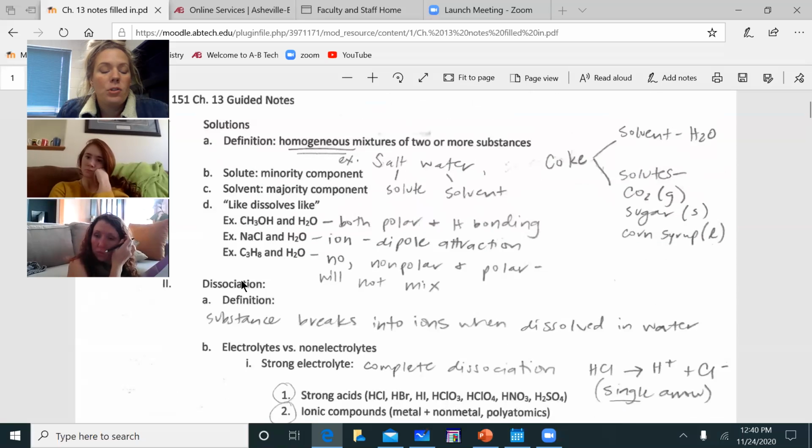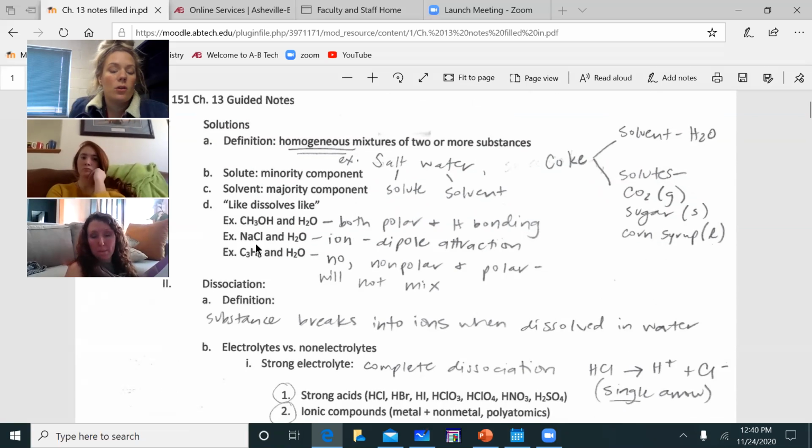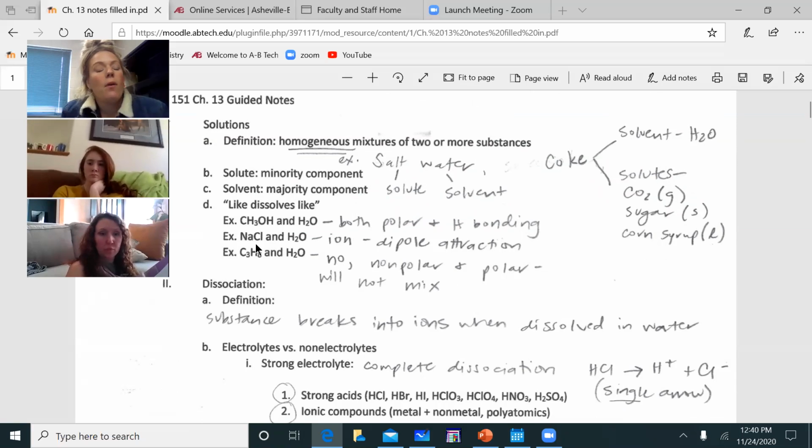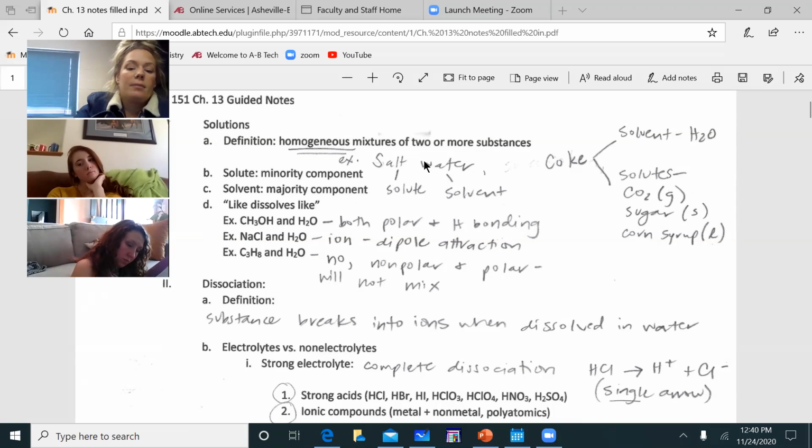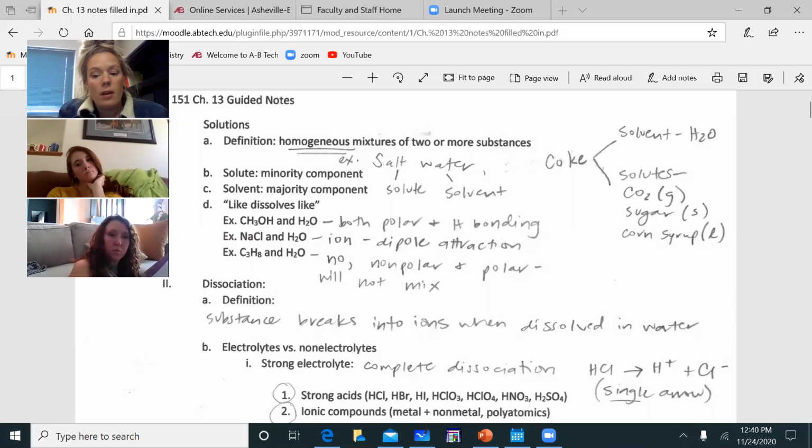So certain substances will dissociate when we put them in water. NaCl is an example of that. The substance breaks apart into its ions whenever it's put into water. And depending on how far it breaks apart, we can classify it as being strong or weak or doesn't dissociate at all.